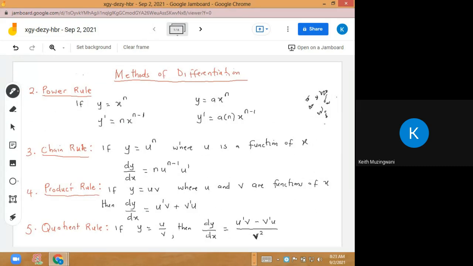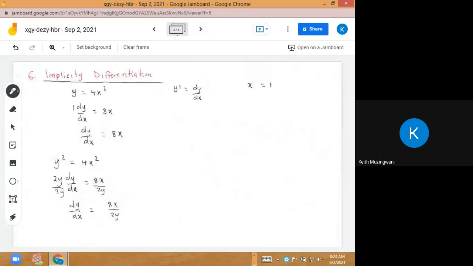If we are to force it to be formal, we'll just say, if you have a situation where you have y to the power n is equal to some function of x, then to find dy dx, you would say you have n y to the n minus 1 times dy dx is equal to f prime of x, and then leave dy dx alone, equal to f prime of x divided by n y to the n minus 1.